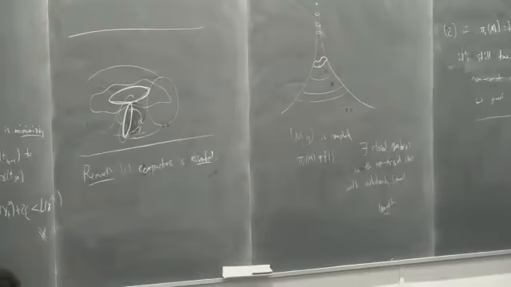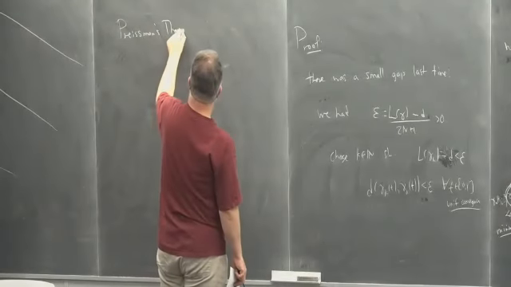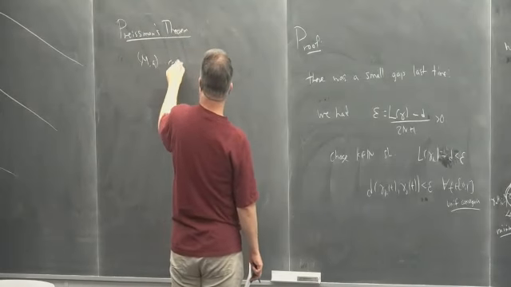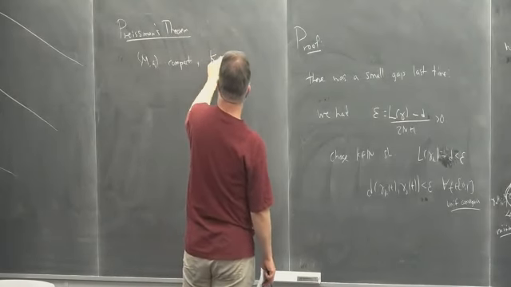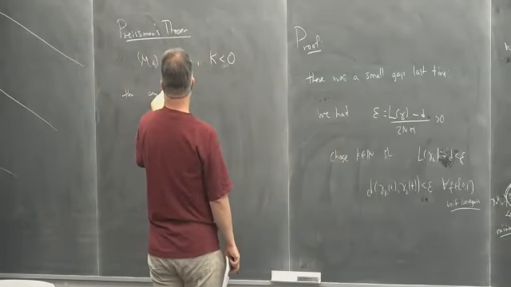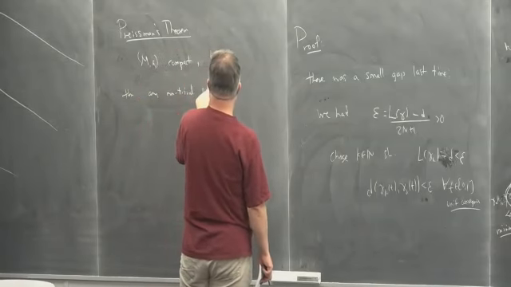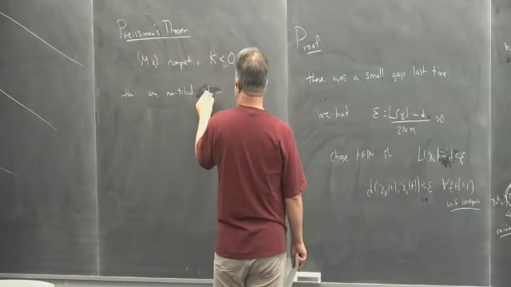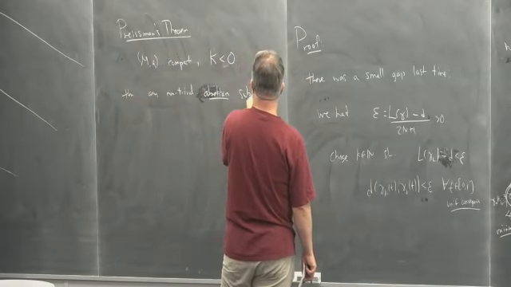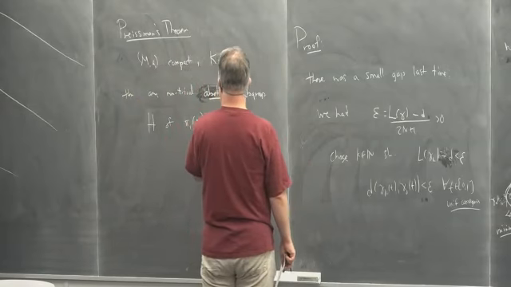So Preissman's theorem: M, g compact and sectional curvature negative, then any non-trivial abelian subgroup H of pi1 is infinite cyclic.